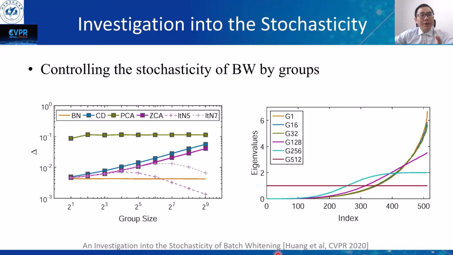The left figure shows the SND of different whitening transformations by varying their group size ranging from 2 to 512. The right figure displays the spectrum of the covariance matrix of the whitened output based on groups. It can be found that the group size effectively controls the SND of the ZCA or CD whitening.